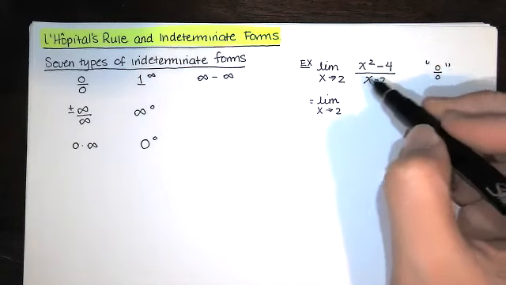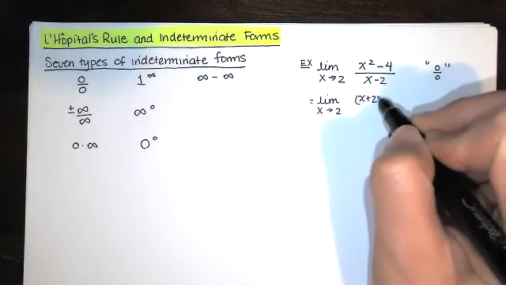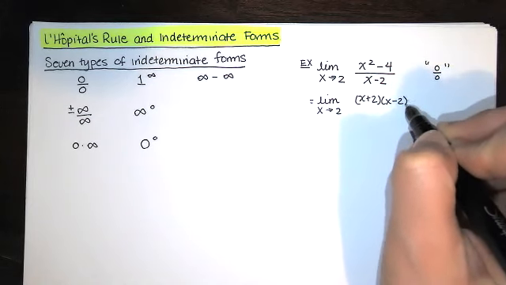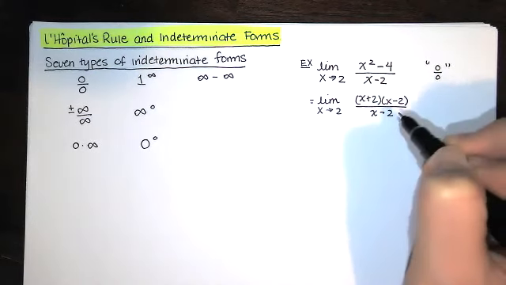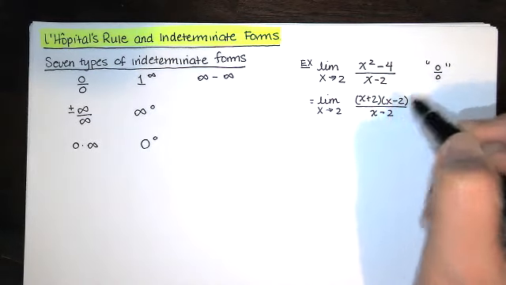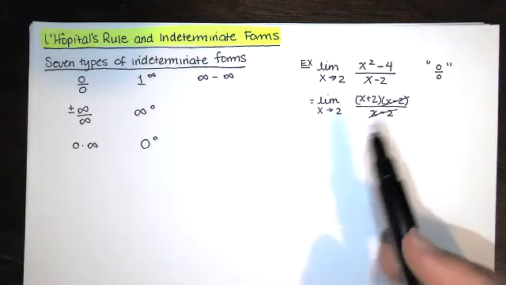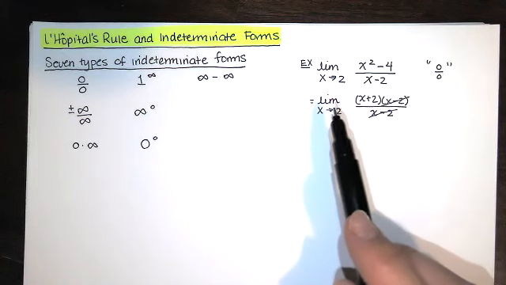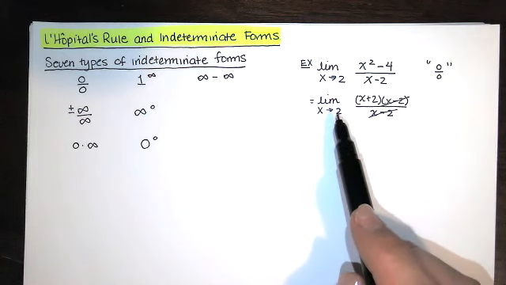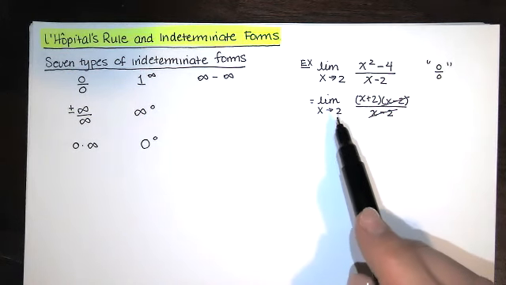We said, if we're taking the limit of this function, that's the same as taking the limit of this function. And that is the same as taking the limit of this function. Now this function is not identical to this function, but they have the same limit because as x approaches 2, x isn't equal to 2.